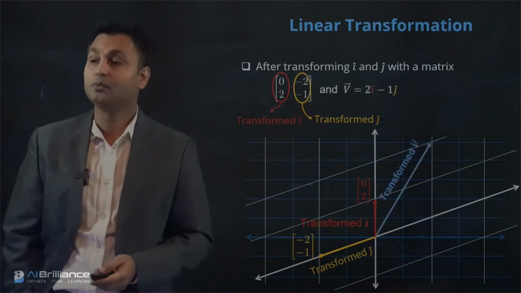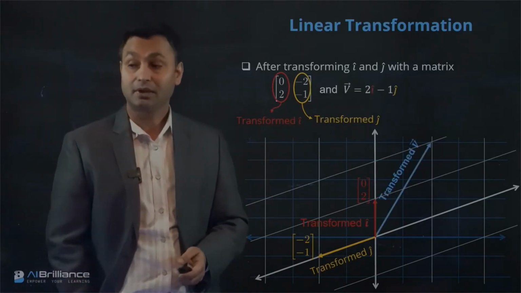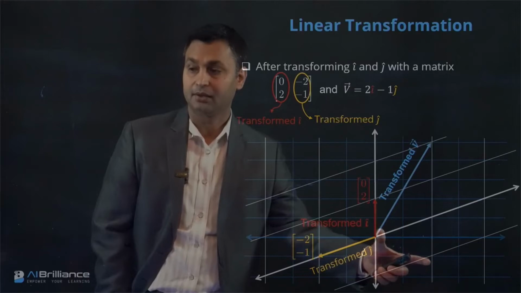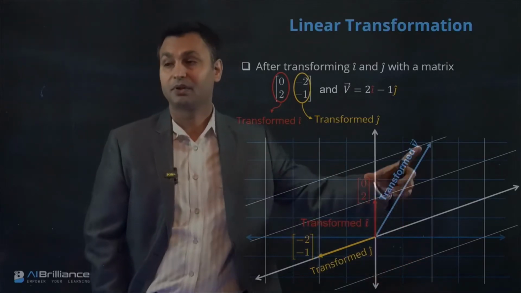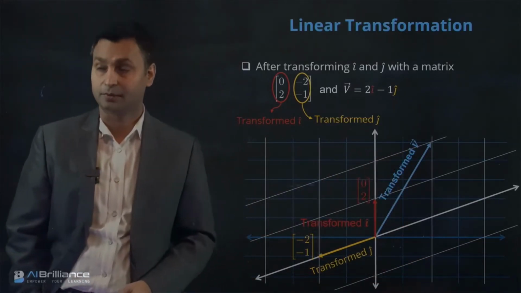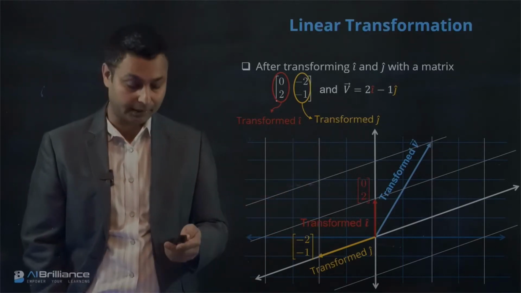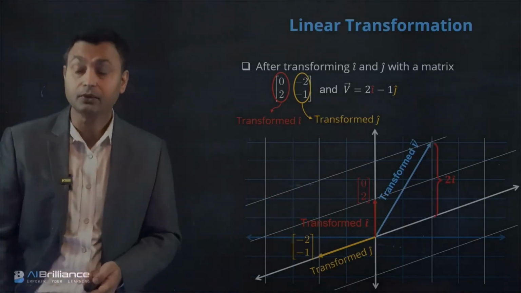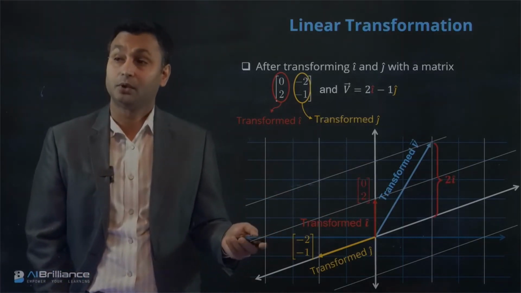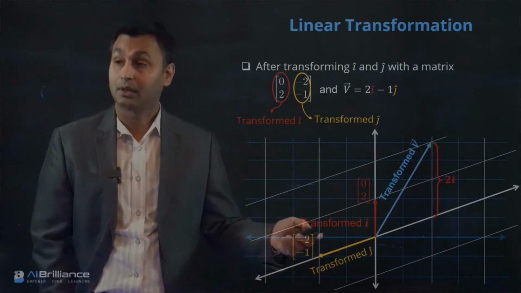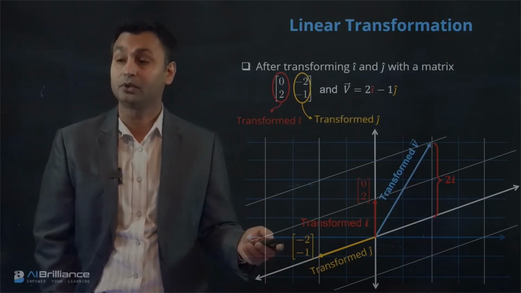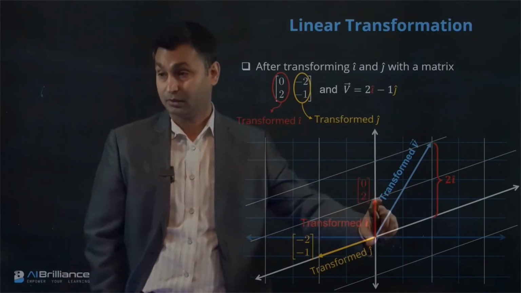Okay, so let's move on. What happens to the transformed vector? The vector which was right here in the previous case will now also be transformed. Let's see how we can derive where this transformed vector lands. Since the vector was 2 times i and -1 times j, 2 times i is this in the new transformed coordinates, because i is this.